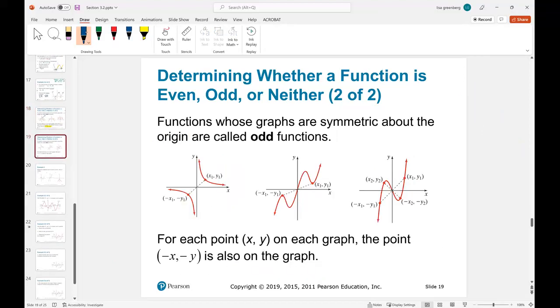When things are odd, for odd functions, they're symmetric around the origin. So basically, the easiest way I can tell you how to tell is if you draw any of these graphs on a piece of paper, and you turn the piece of paper completely upside down, it will look exactly the same.